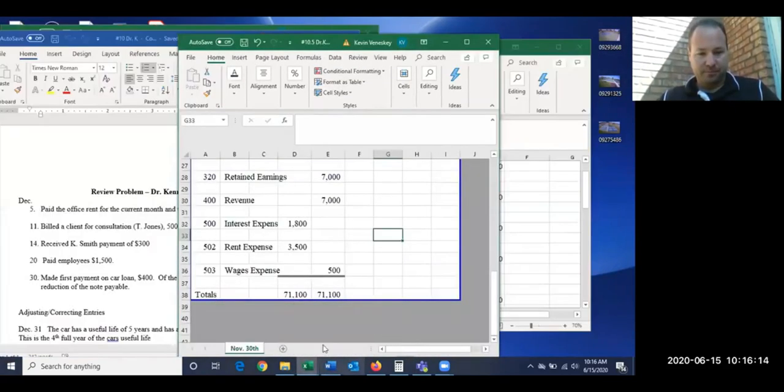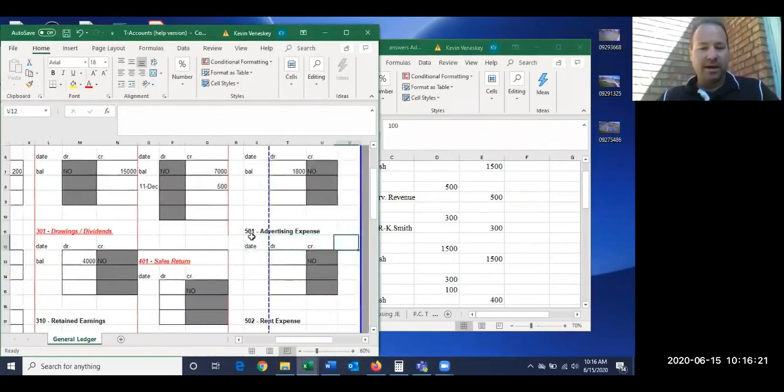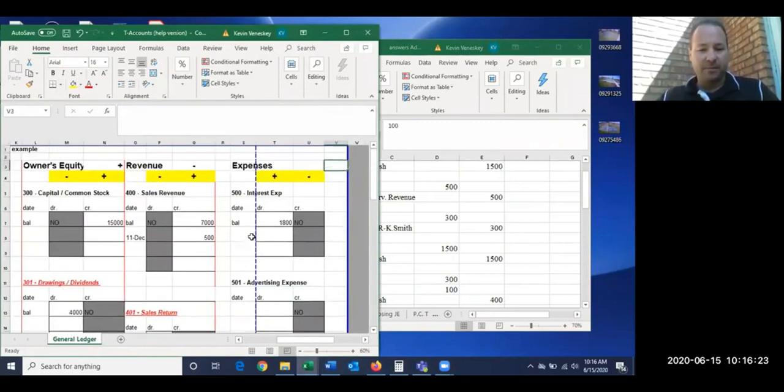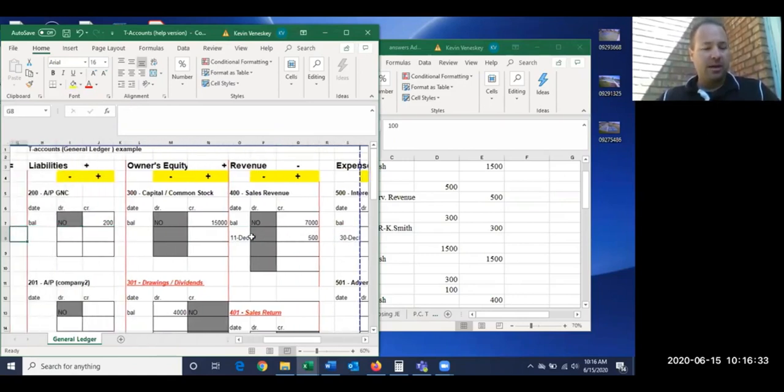Okay, we've got our interest expense. We already have an interest expense going. We're just adding to it now on 12/30. Added another $300. And I come over to my note payable.